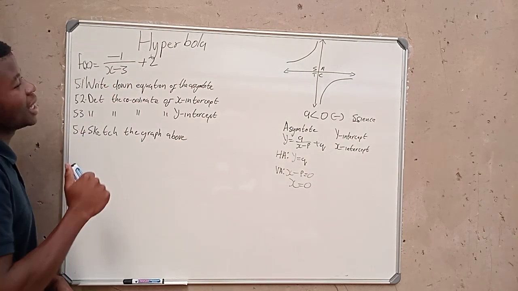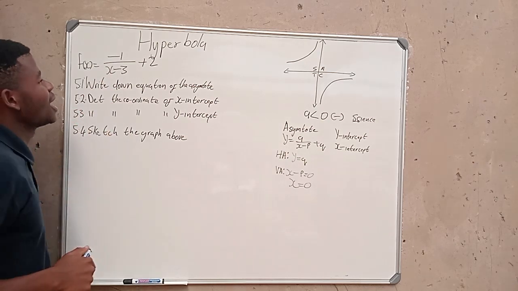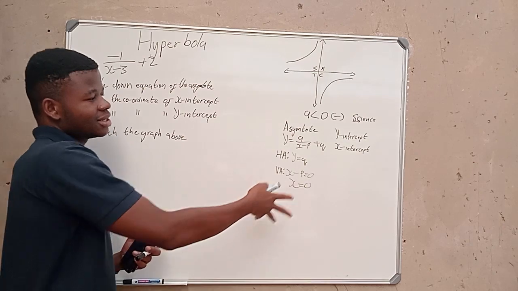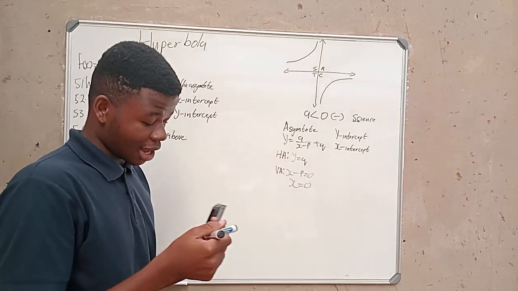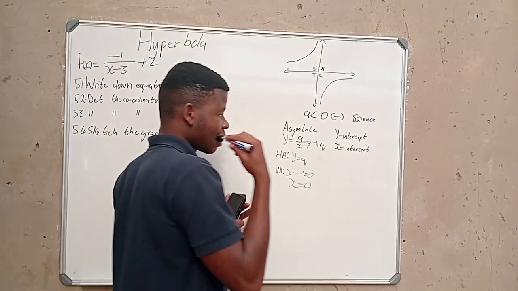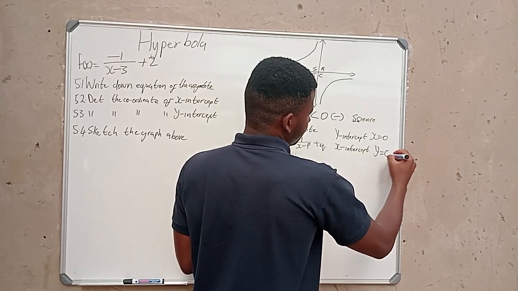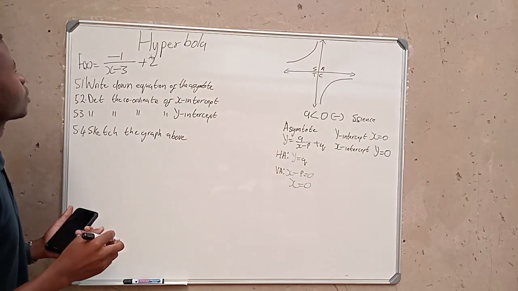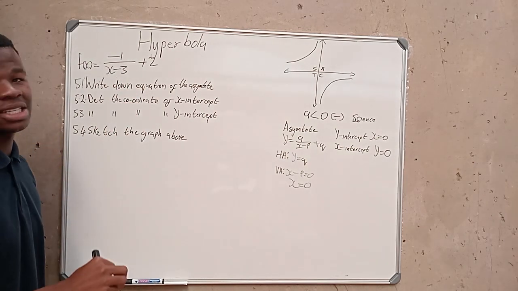The standard formula here is written: f of x is equal to negative 1 over x minus 3 plus 2.